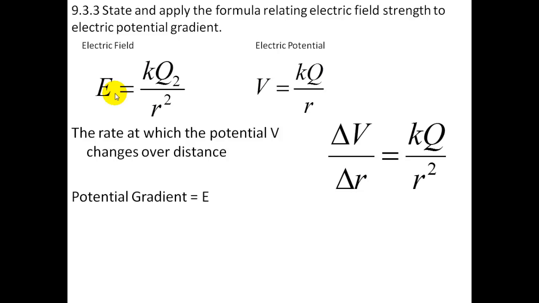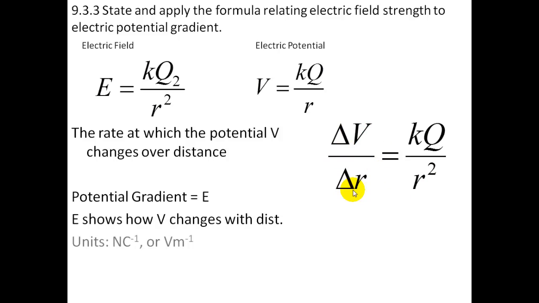So E is equal to the potential gradient, and the potential gradient basically tells you how the potential changes with distance. The units are going to be volts per meter, or newtons per coulomb, because remember, it's the same as the electric field strength, the amount of force per unit charge, newtons per coulomb.